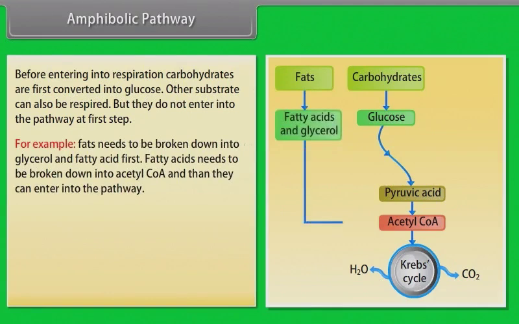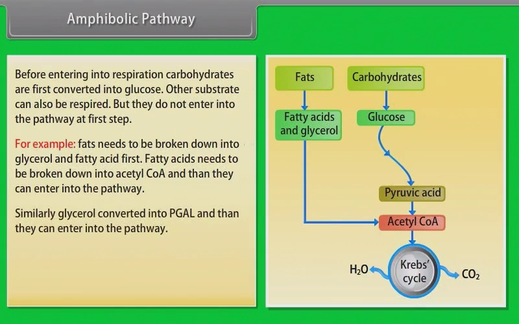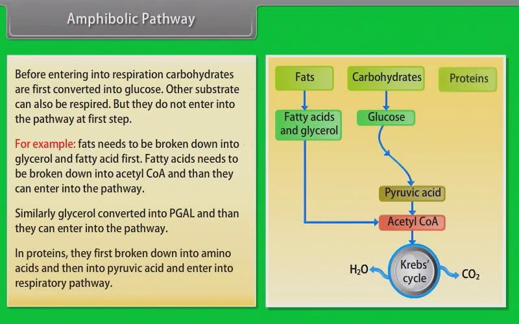Fatty acids need to be broken down into acetyl CoA, and then they can enter into the pathway. Similarly, glycerol is converted into PGAL, and then it can enter into the pathway. Proteins first break down into amino acids and then into pyruvic acid and enter into the respiratory pathway.